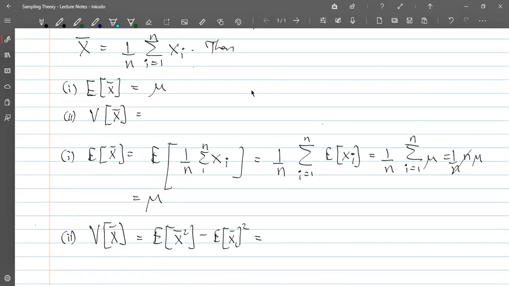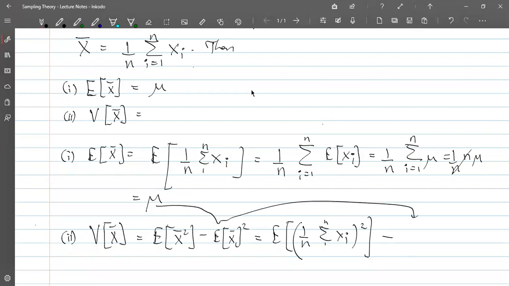So this is equal to E of 1 by n summation, summation always from 1 to n, even if I don't write it later, this the square, minus E of x bar we have found here, so it's the same thing, minus mu square.